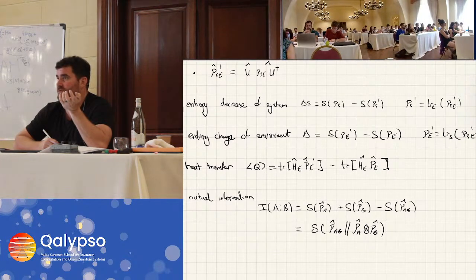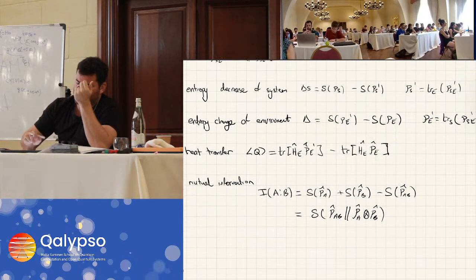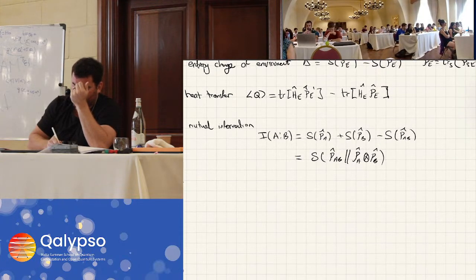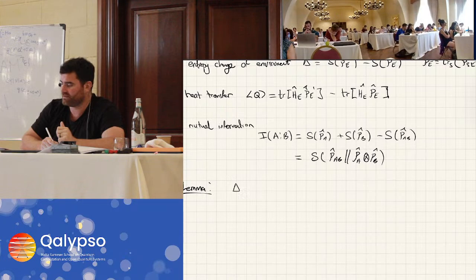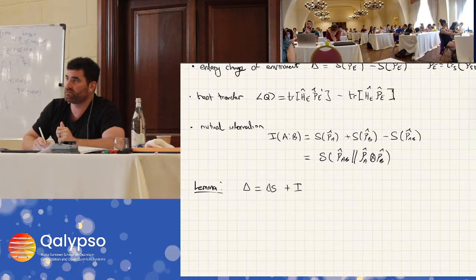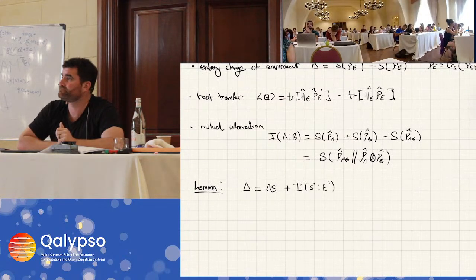Okay? So let me first prove a lemma. And the lemma is that the entropy change of the environment, delta, is equal to the von Neumann entropy change of the system, delta S, plus the mutual information between the system and the environment. That's what I want to prove.